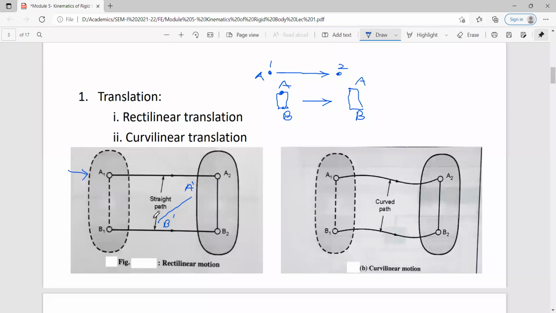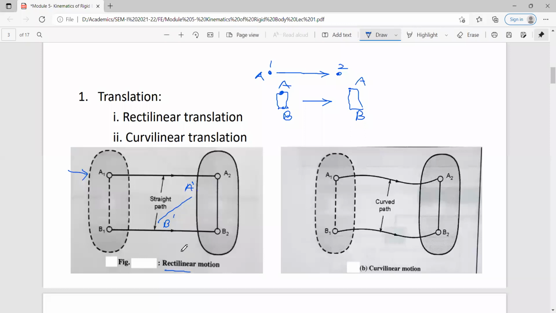So you can say that this kind of motion is translation. And as the paths of all the particles are straight lines, particle A has traveled in a straight line, B has traveled in a straight line, you can say that it is rectilinear motion.